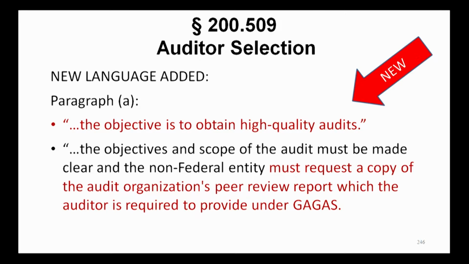And so that leads to this new language. The objectives and scope of the audit must be made clear, and the non-federal entity must request a copy of the audit organization's peer review report, which the auditor is required under generally accepted government auditing standards.